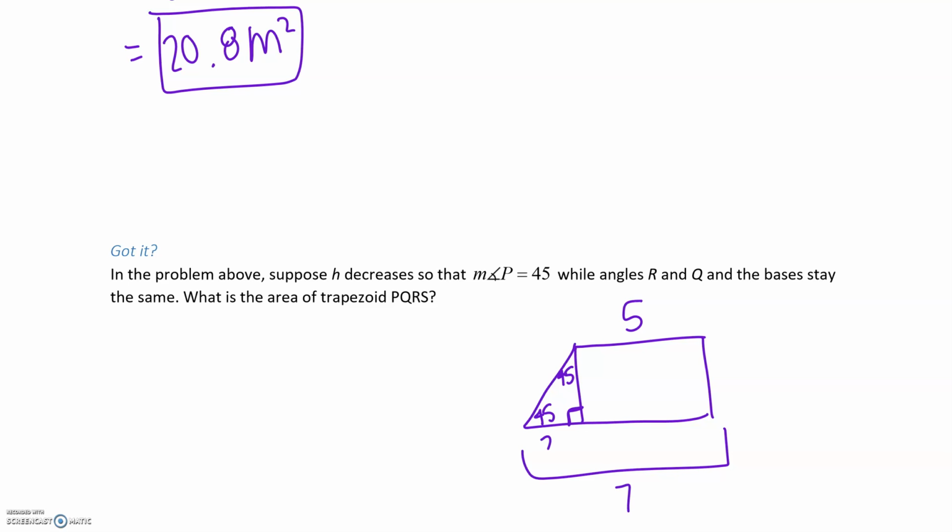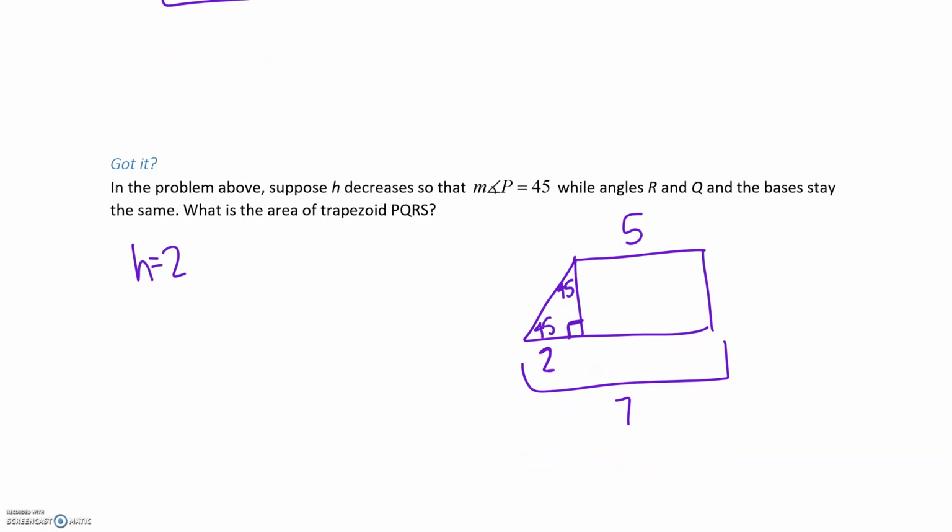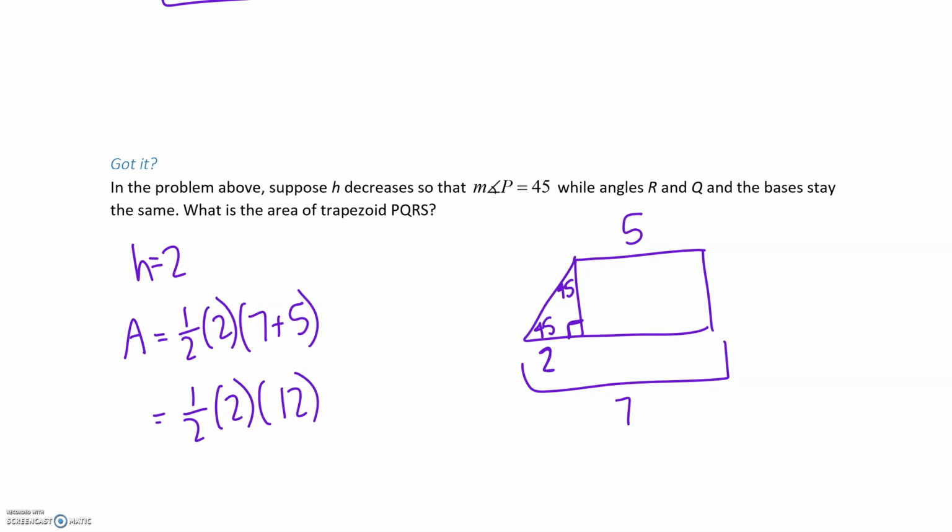That means that this is still going to be 2, so our height would actually equal 2. So when we put that into our equation, we would have area equals 1/2 times our height, which is 2 in this instance, times 7 plus 5, which gives us 1/2 times 2 times 12, which would just give us 12 meters squared. So it just changes it a little bit.